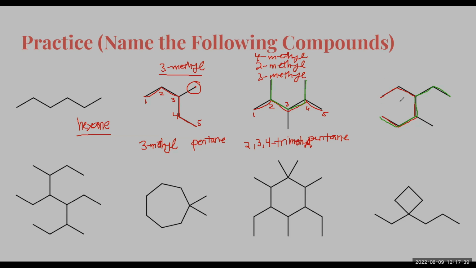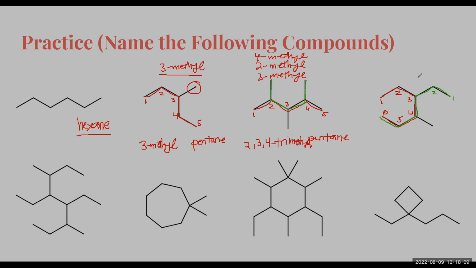So what I'm going to do is number the carbon chain, and I want to go in such a way so that it hits alphabetical first, since the substituents are both tied in this case. So I'm going to go 1, 2, 3, 4, 5, 6, or you could have gone 1, 2, 3, 4, 5, and 6 again.